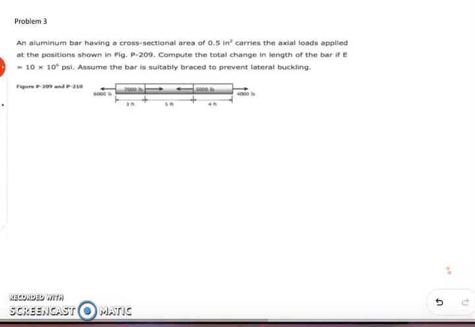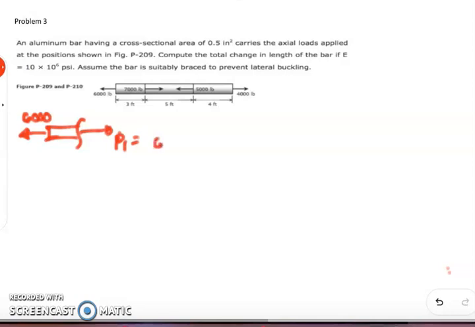So let's section our bar. If we section, we have here our force, which is 6,000. So we also have this internal force, which is our P1, which is 6,000 pounds, and this is in tension.